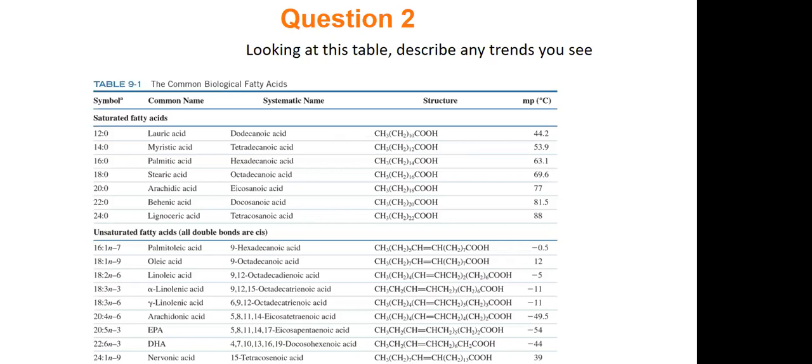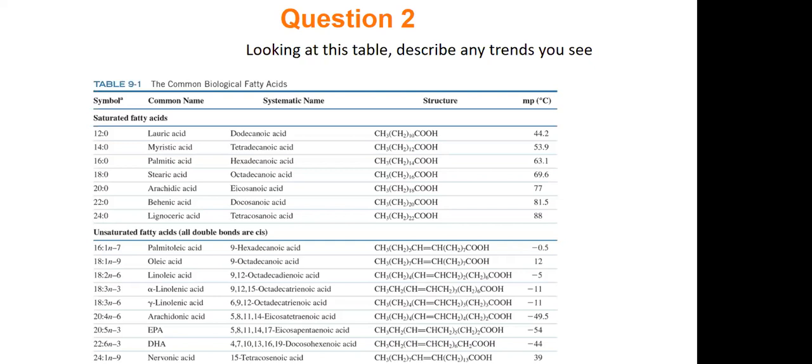Here's a random table of fatty acids. You tell me what trends are presented in this table. Tell me all the trends that you see. Could I start with CH3 and COOH? Yes, that is a fatty acid. That is correct.